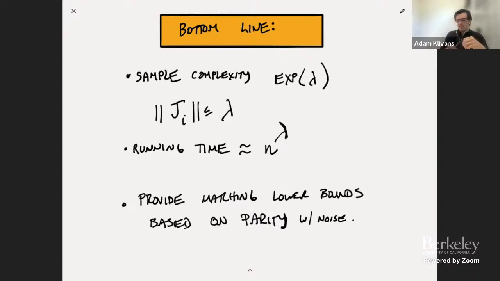And so, if you're willing to make norm bounded assumptions on your RBM instead of assumptions on ferromagnetism, the structure of the RBM, then you can still obtain non-trivial algorithms by viewing them as neural networks and applying polynomial approximators. And in this paper, we also give a bunch of matching lower bounds based, again, on parity with noise.